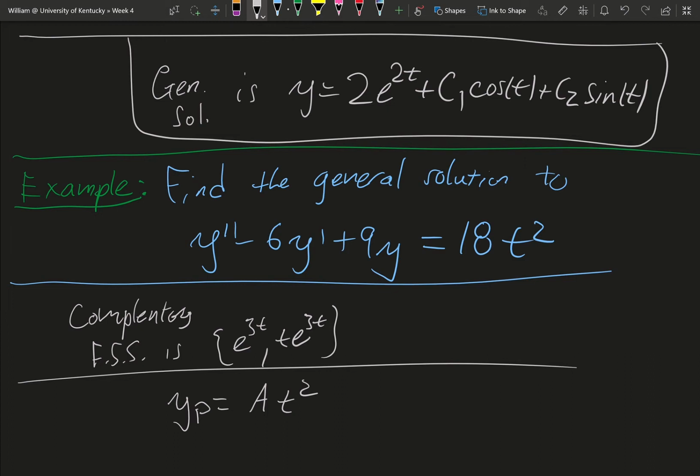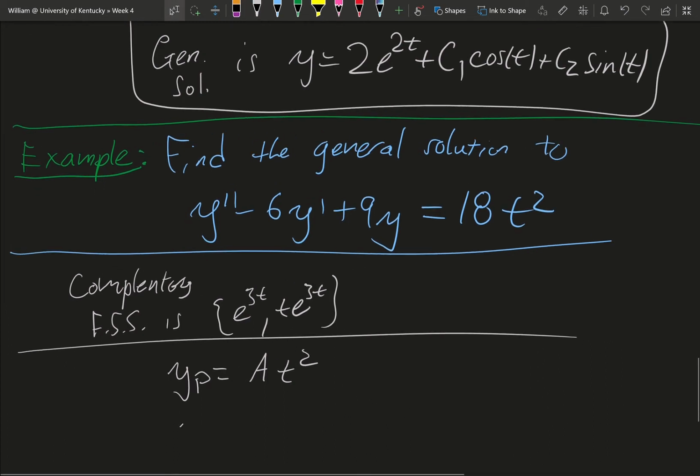Because we have y here, so we could hopefully at least solve for a to make sure that this shows up. The problem is when we take derivatives, we're going to get 2a times t, and yp double prime will just be 2a.